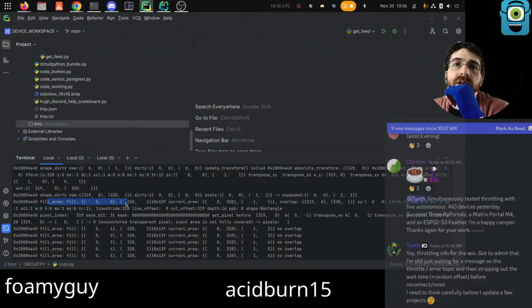Yeah, see, because without the other one, we actually get a fill area fill. This is where we have our display asking for pixel data for 319,0, but we're actually looking at 0,1.